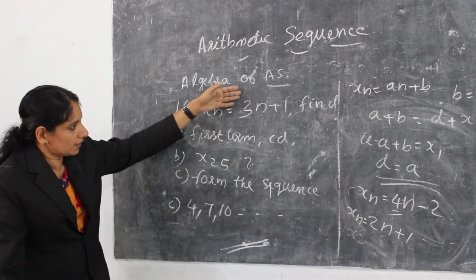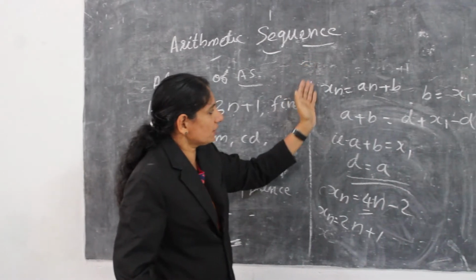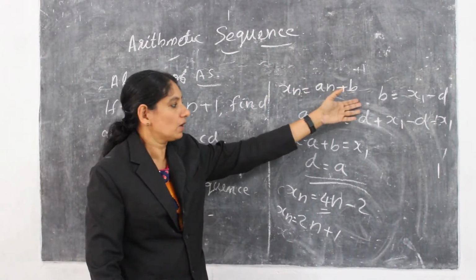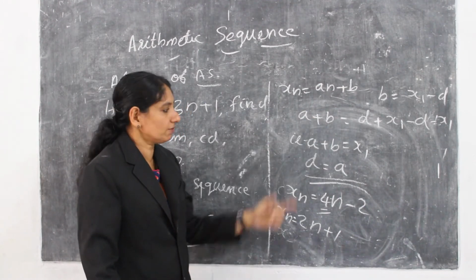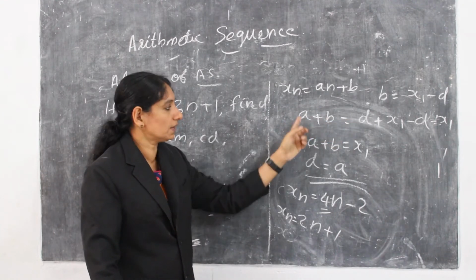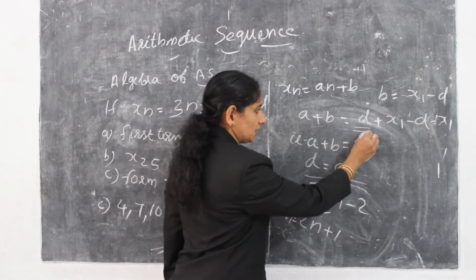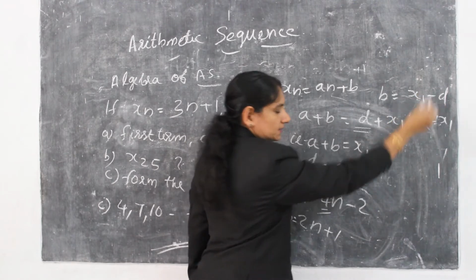This is the explanation. Consider our nth term xn equal to an plus b. We say that a is the common difference. Then what is a plus b? a is the common difference d, and b is x1 minus d.